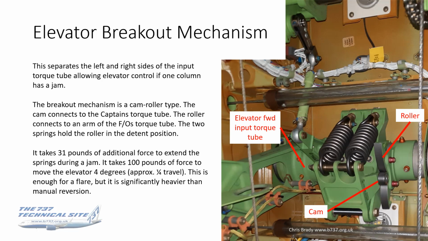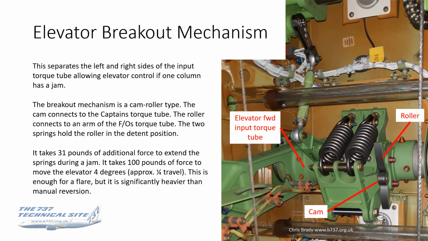So those of you who've done manual reversion in the sim, or lucky enough to have experienced it for real, it's fairly heavy on the controls. But if you do get an elevator jam and you have to go to independent operation of the control columns, then be prepared to have a bit of a workout, because it is quite heavy.